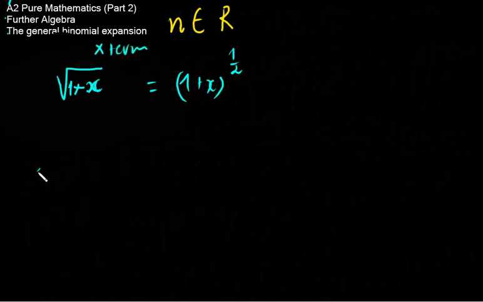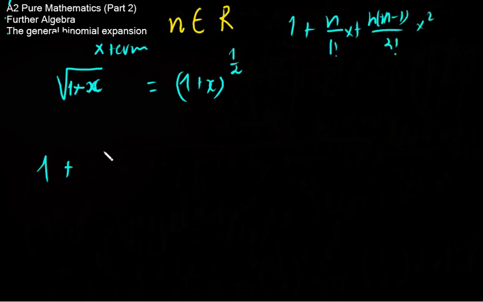So let's say we have 1 plus. Now for the x term, the formula is that it is equal to 1 plus n over 1 factorial, plus n times n minus 1 over 2 factorial x squared. So this is plus 1/2 over 1, which is equal to 1/2 times x.